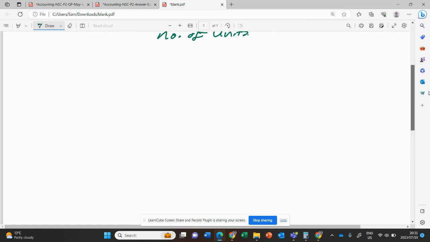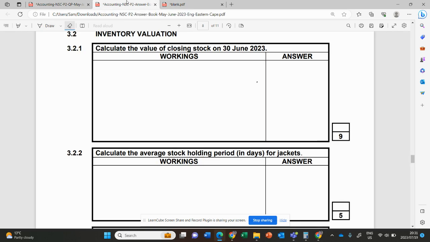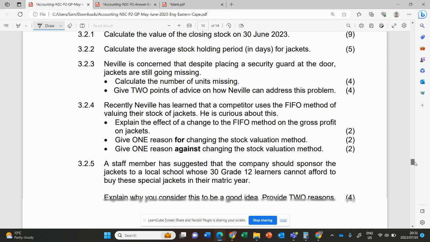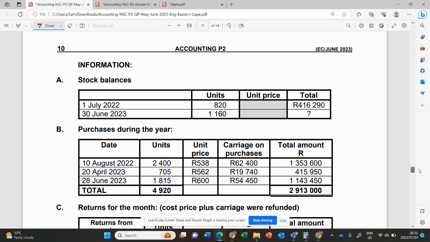Let's get our weighted average price. We go down and check the information given. There's the table given. The first information we are given is the units for the opening and the value, which we apply on our formula.